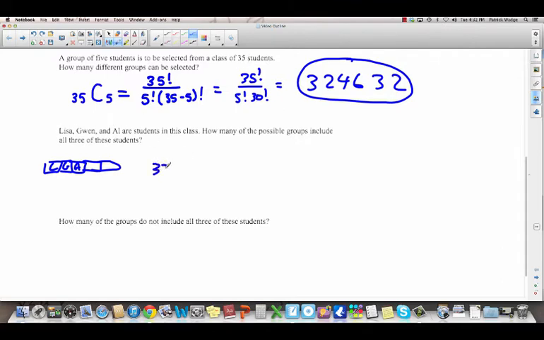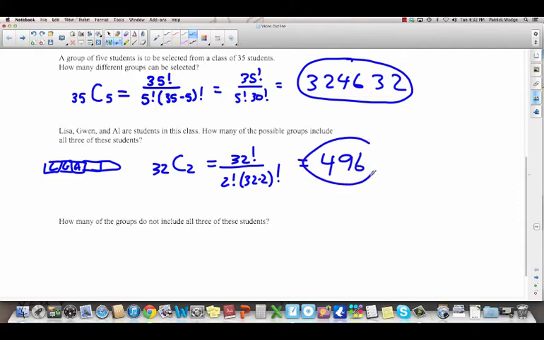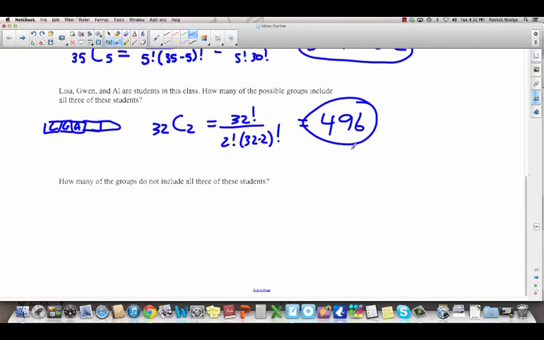There are 32 students left, and we need to choose 2 more of them to fill this group. So you figure out what 32 choose 2 is. Again, you could make it 32 factorial over 2 factorial times 32 minus 2 factorial, or you could just pick up your calculator and plug it in and you'll get 496. I encourage you to try doing that in your calculator. Make sure you know how I'm doing this.